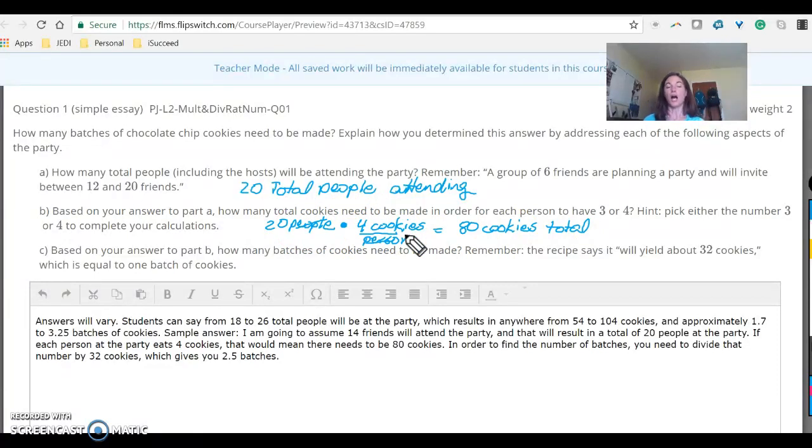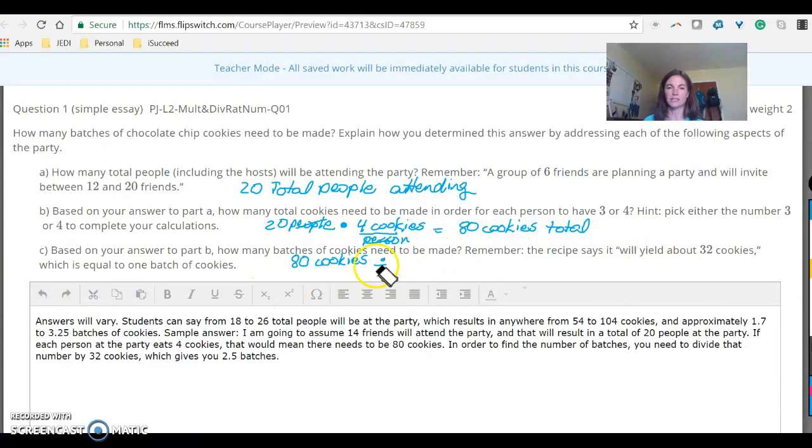All right. If you'll remember, I know that each batch of cookies can make 32 cookies. So in order to figure out how many batches of cookies I need to make, I need to divide 80 cookies by, okay, well, actually, I'm going to write this different.